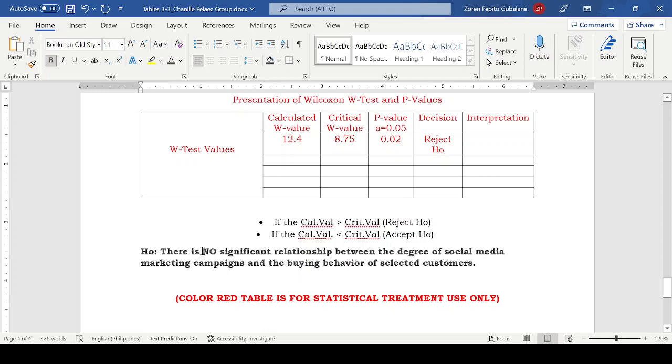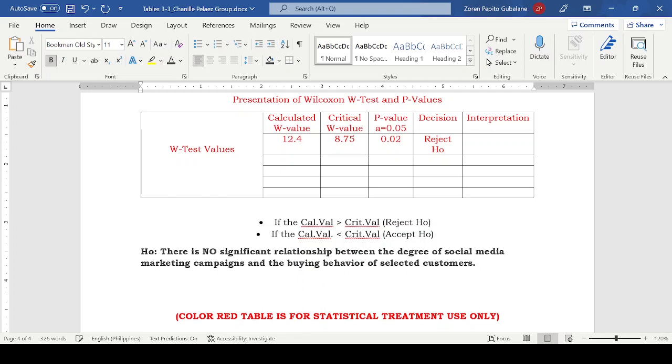I-reject mo yan, no? Outright rejection. So if you reject this, it means that the statement should go the other way around. This is now the alternative hypothesis. So, since you reject the null, the alternative hypothesis shall be the one held by the researcher.